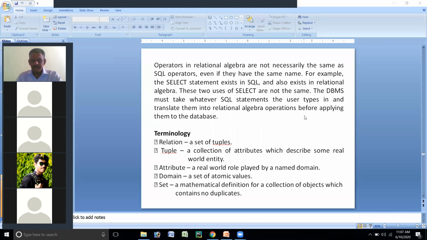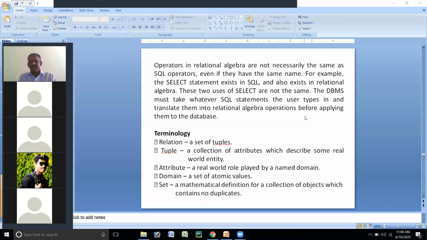Okay, next. The operators in relational algebra are not necessarily the same as SQL operators. We are using some operators in relational algebra. They are not the same as the structured query language operators, even if they have the same name.